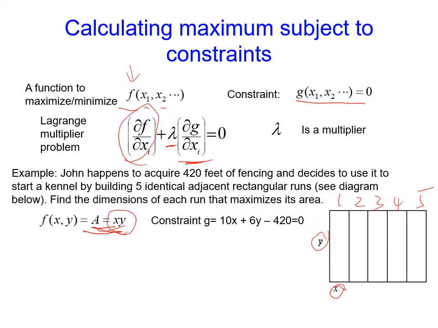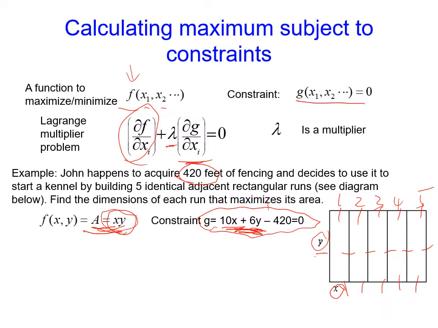And the constraint is that the total length is 420. So the total length in y should be 1, 2, 3, 4, 5, 6, so 6y, and 10x, 1, 2, 3, 4, 5, 6, 7, 8, 9, 10. So 10x. These added together should be 420, or minus 420 equals 0. So that's the constraint. You have a function you want to maximize, and there's a constraint.